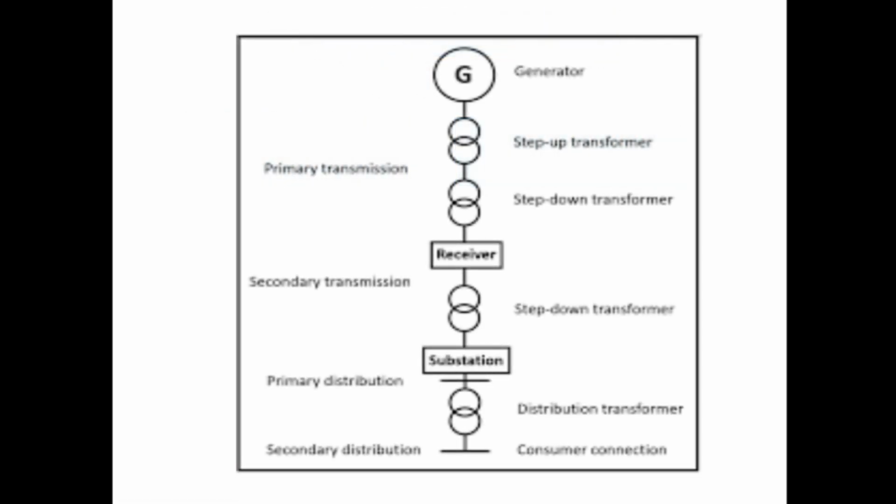Now, this is the hydropower plant, then the step-up transformer, then the transmission line, that is primary, then step-down transformer, then receiving station, then secondary transmission, step-down transformer, substation, primary distribution, distribution transformer, consumer connection, secondary distribution, like that.